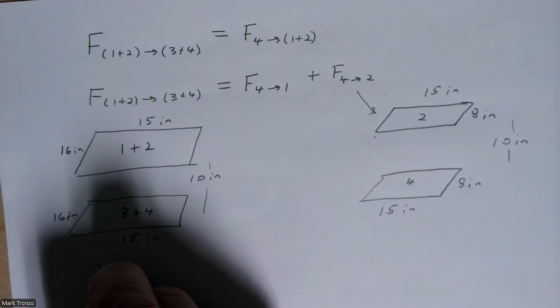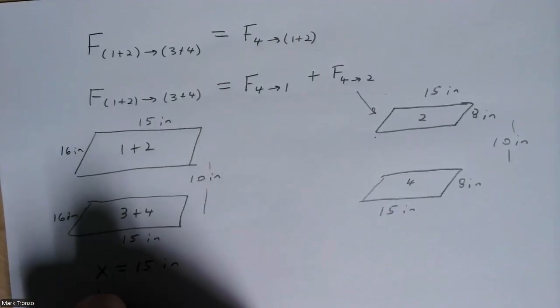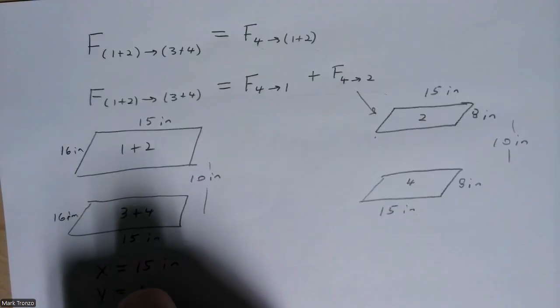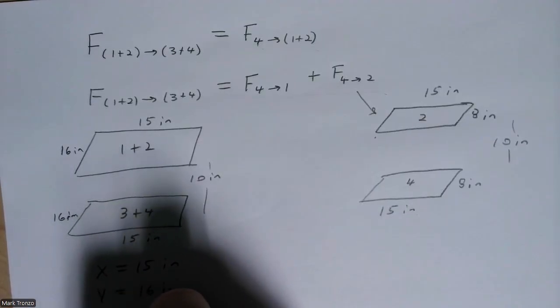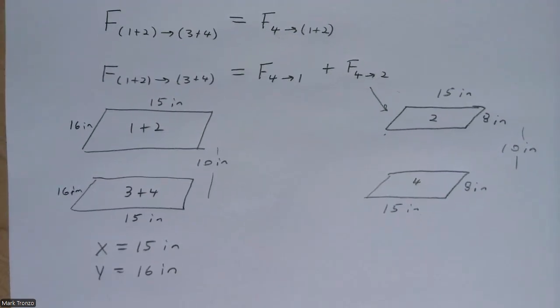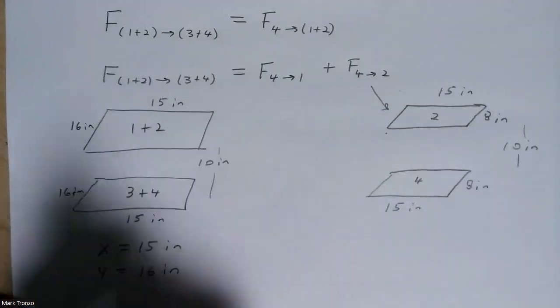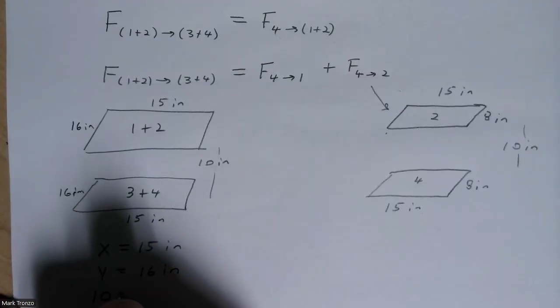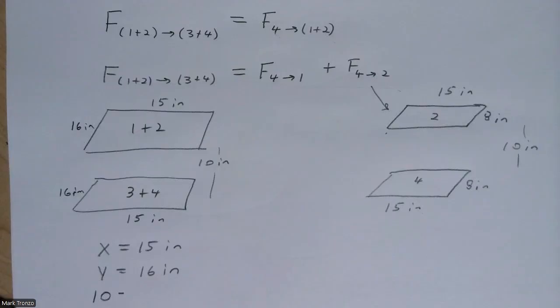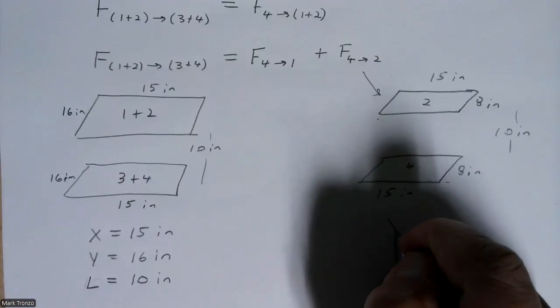X over here is 15 inches. Y is 16 inches. And it also wants the distance L between the plates, which is 10 inches. And the same thing over here.